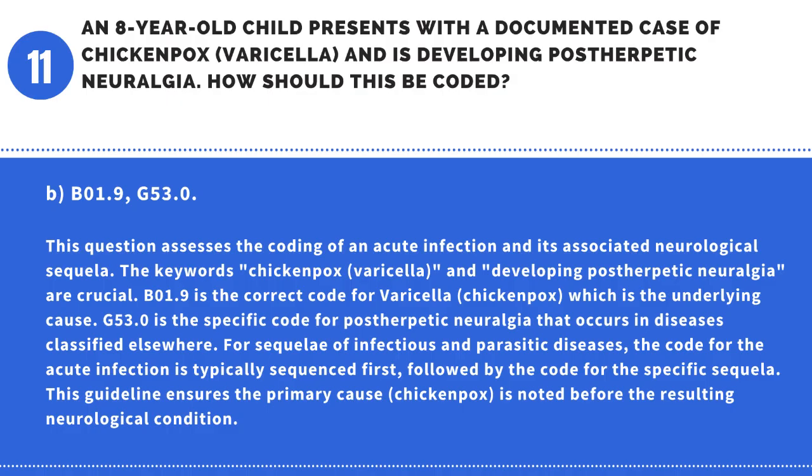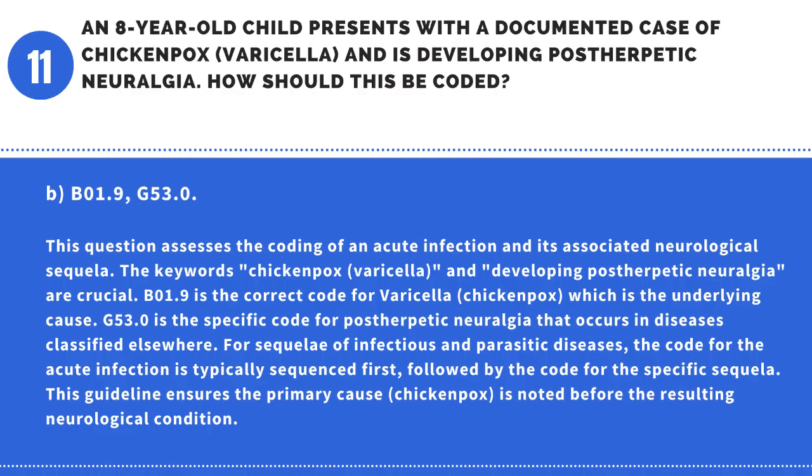B01.9, G53.0. This question assesses the coding of an acute infection and its associated neurological sequela. The keywords chickenpox, varicella, and developing post-herpetic neuralgia are crucial. B01.9 is the correct code for varicella, chickenpox, which is the underlying cause.